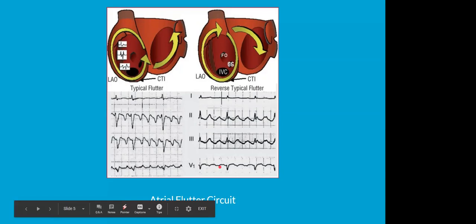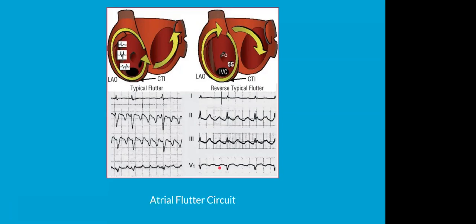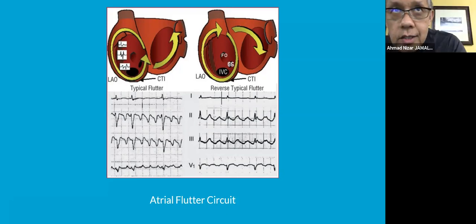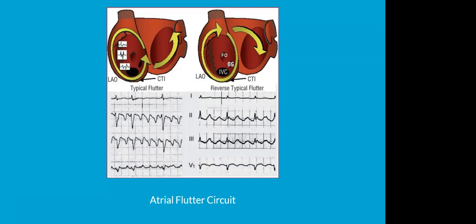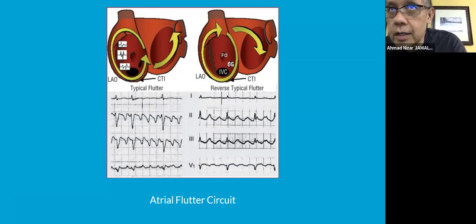Nizar, we have a question from Dr. Kaur. He asked if it's correct to say in AF that is chronic, no cardioversion, just anticoagulation. Yes. You can actually cardiovert them if your intention is to see if they can maintain sinus rhythm.